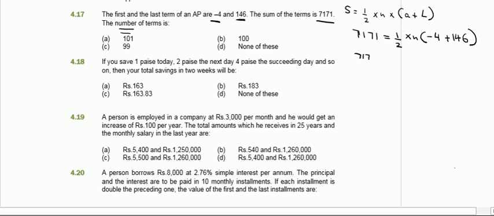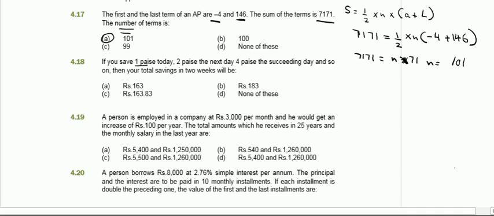So 7171 is equal to, 146 minus 4 is 142, divided by 2 is 71, so 71n. So n will be 7171 divided by 71, which is equivalent to 101. So the answer for 4.17 is A.